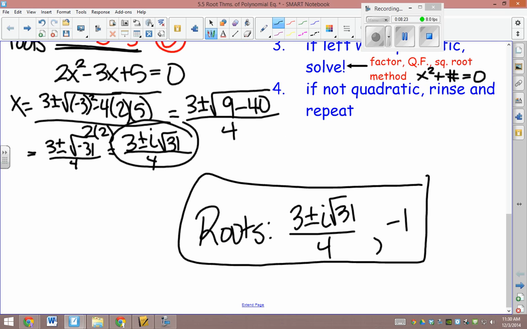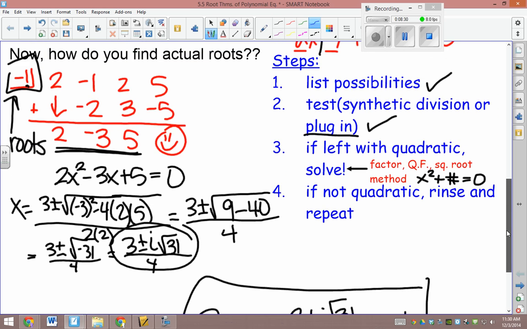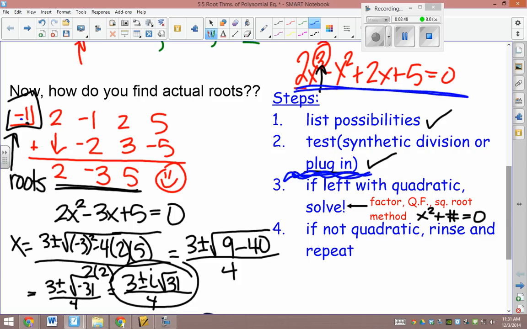So 3 answers there. I want to take a moment and go back to my steps and point something else out. There is something else that we can do to get our testing here. I prefer synthetic division. The other thing you can do is plug in your roots into your polynomial. So what that means, for instance, if we were testing negative 1, you would go to this polynomial and you would substitute negative 1 for your x's.